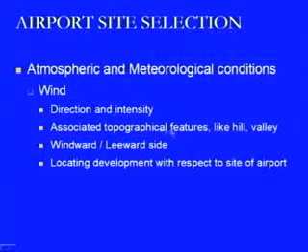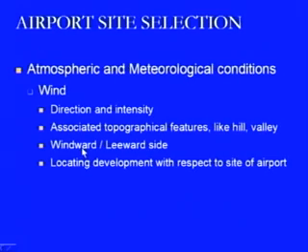Similarly, the associated topographical features have to be looked at, that is whether it is a hilly area or a valley area, or in which particular location the airport is being provided or proposed. If it is at the top of a hill, then there is no such problem where any accident can take place because of the movement or operation of the aircraft in combination with high wind intensity. But if it is in a valley area, then most of the time that may not create much effect, but at some times it may still remain a safety concern.